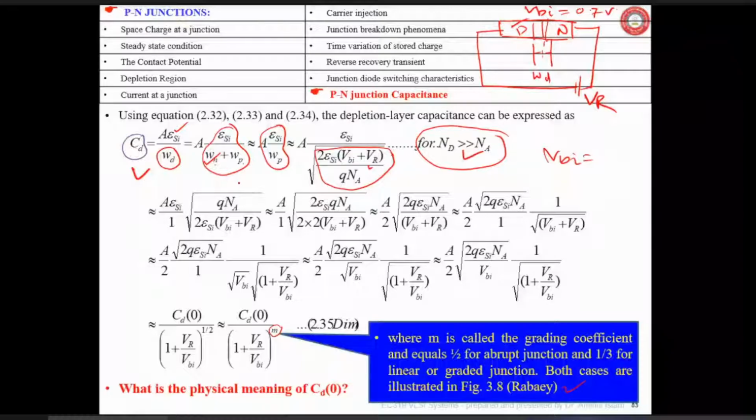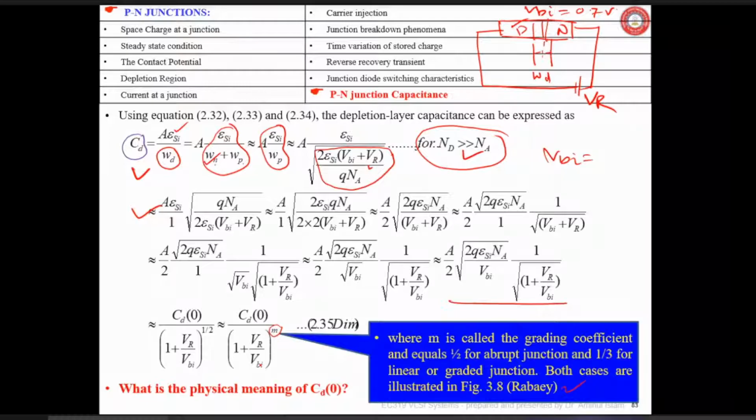So finally, after mathematical manipulation, we can write this expression. We can express CD0 by 1 plus VR by VBI whole to the power half, where we have written M instead of half.